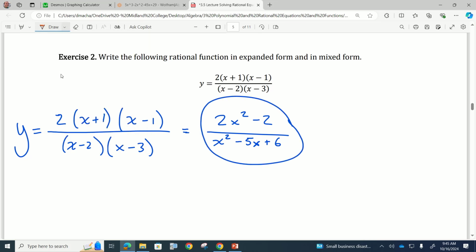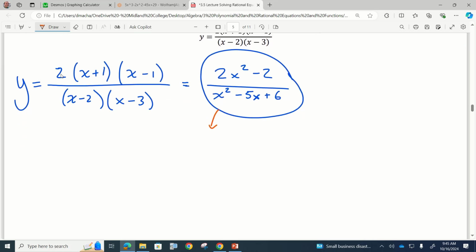If I want to rewrite this in mixed form, then I would take the expanded form that I've already found, and then I would do long division. Long division is just a technique for rewriting an improper rational function as a mixed form.